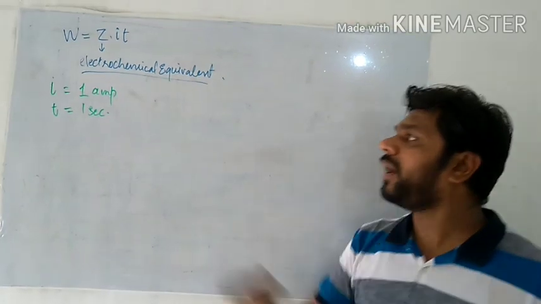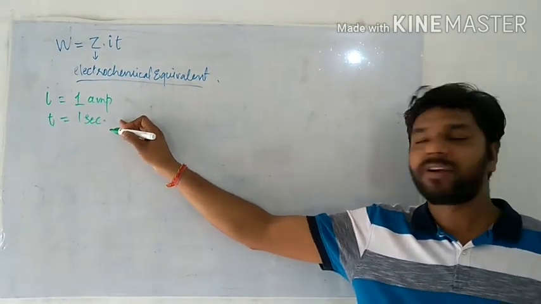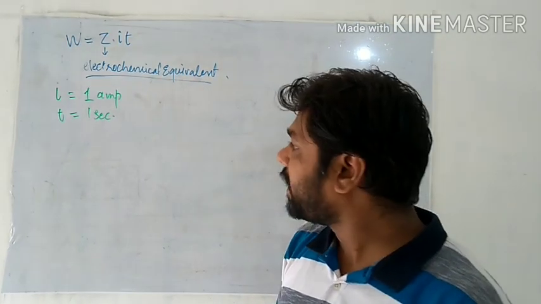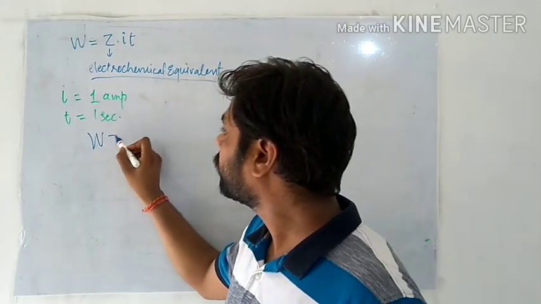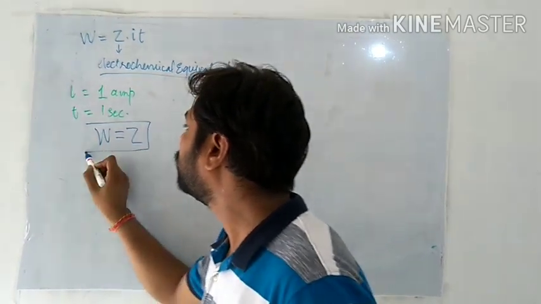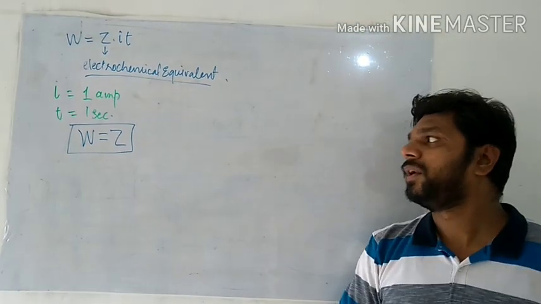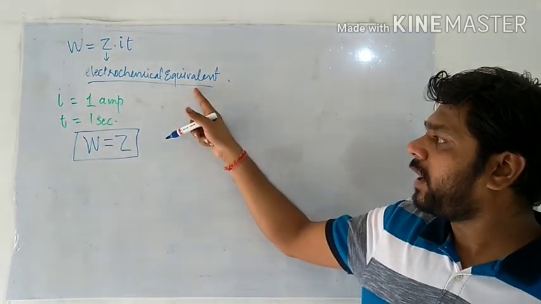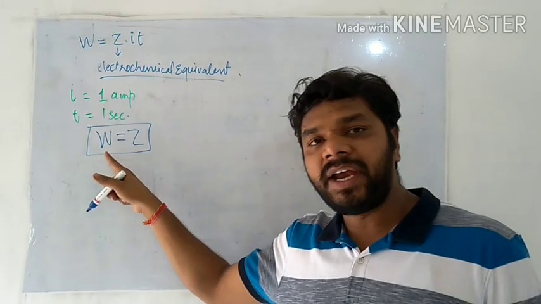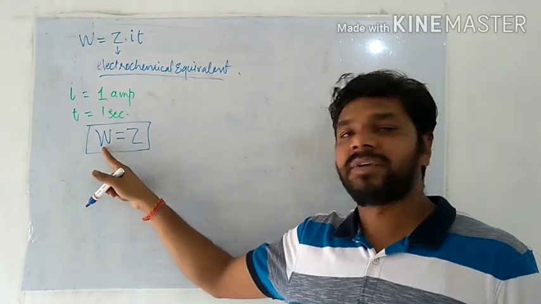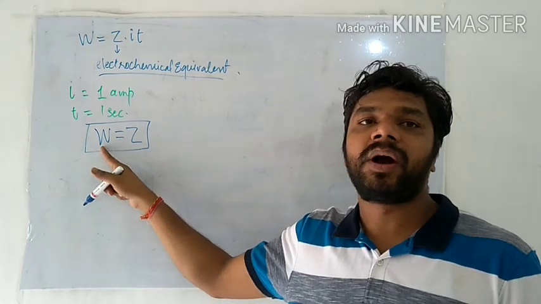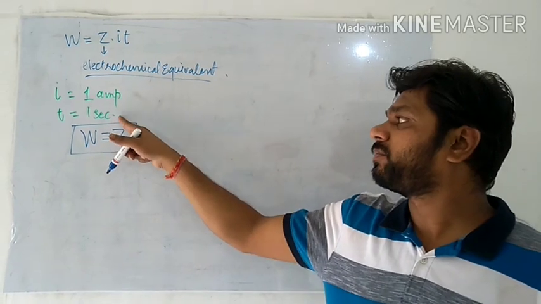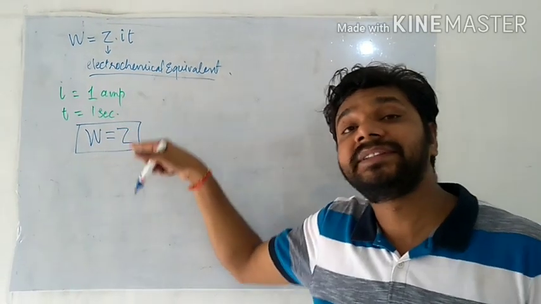If we are passing 1 ampere current for 1 second through an electrode, in this case W will be equal to Z. So we can say that the electrochemical equivalent is equal to the mass of substance liberated or deposited on any electrode when 1 ampere current is passed for 1 second.